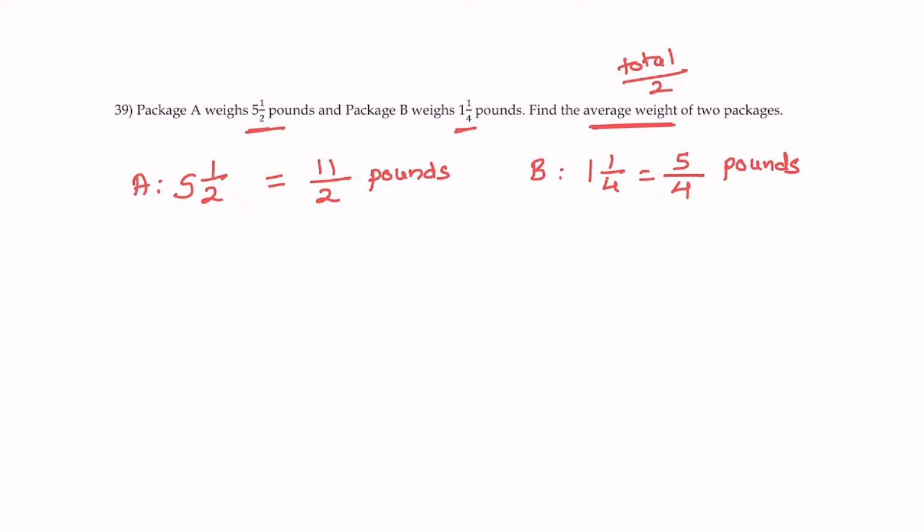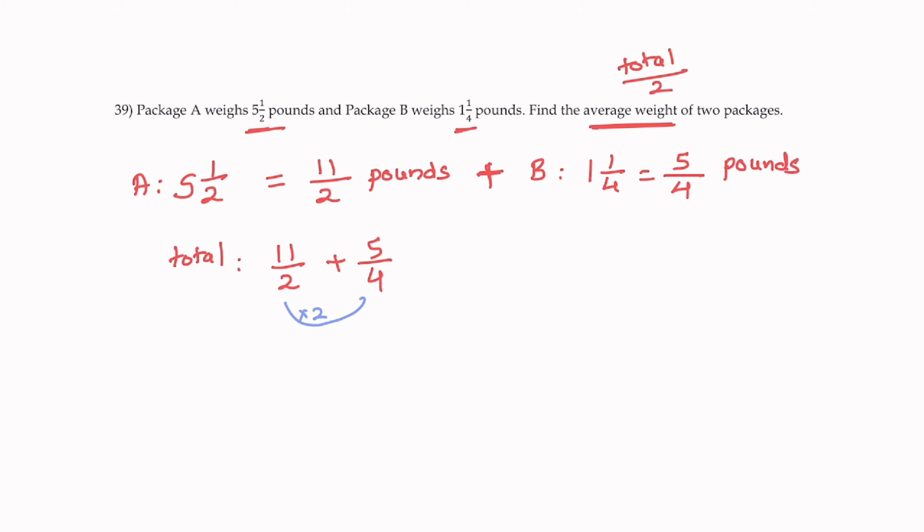For that, first we are going to find the total. And how do we get total? By adding both of them, which is 11/2 plus 5/4. Now here, 2 times 2 gives us 4.